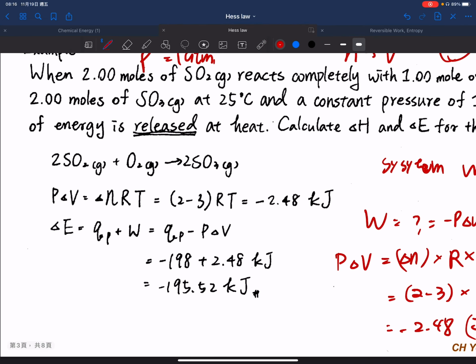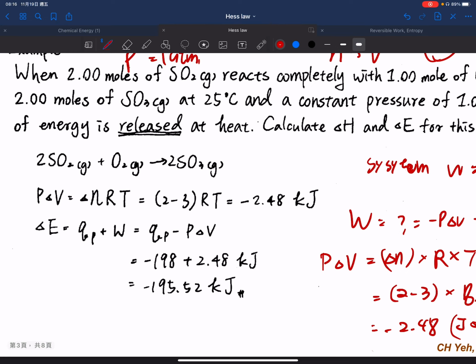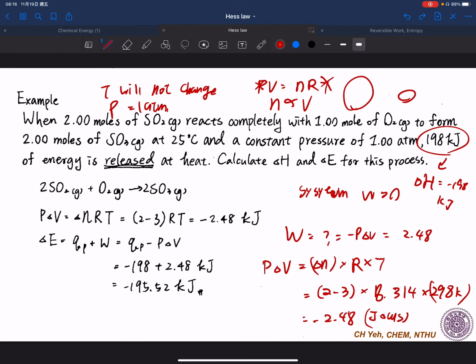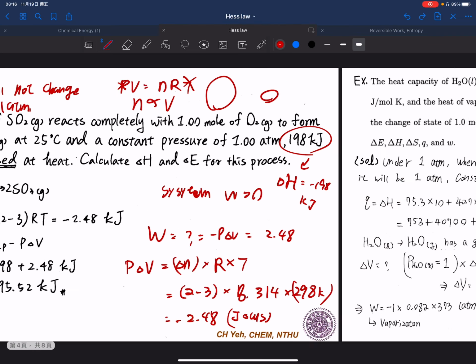Now you can calculate the internal energy change simply by using Qp, the enthalpy, plus the work energy, and get the answer. I'll leave it to you.